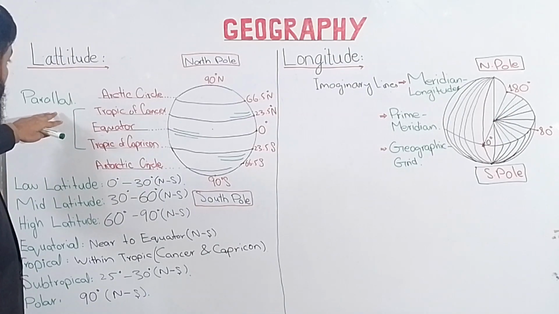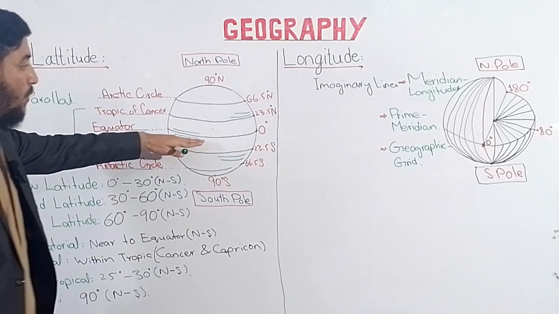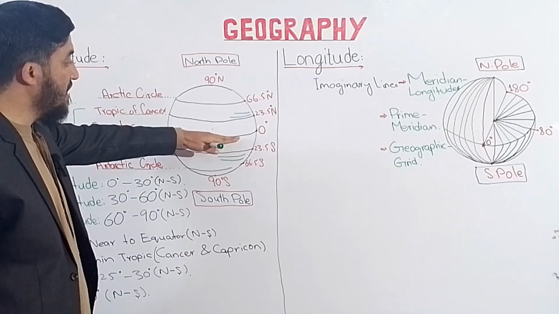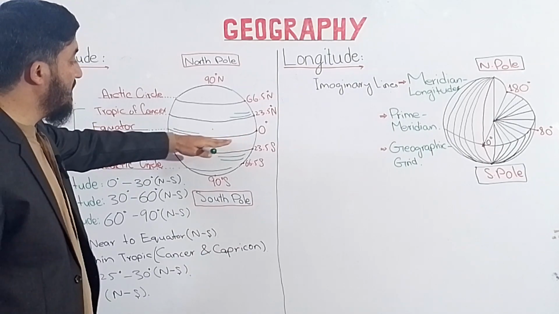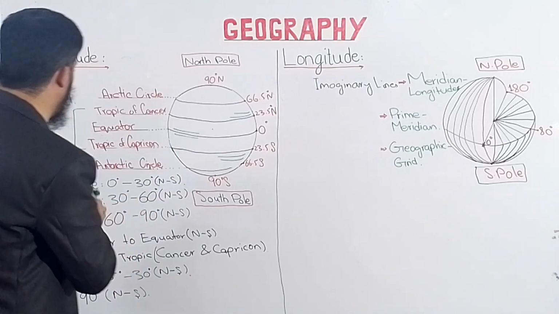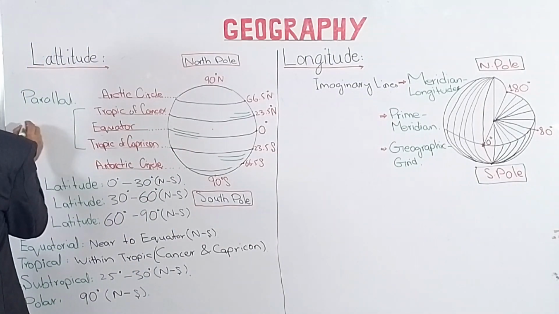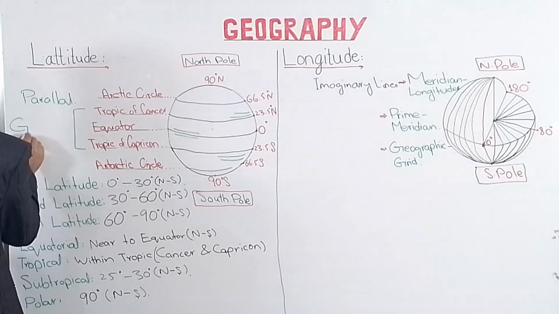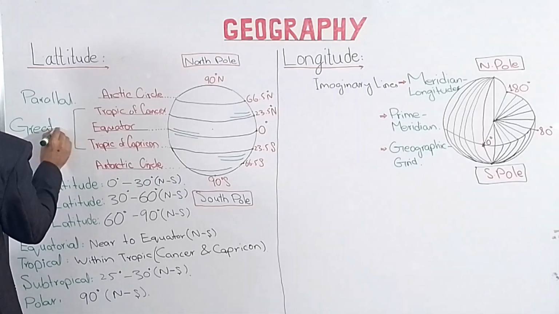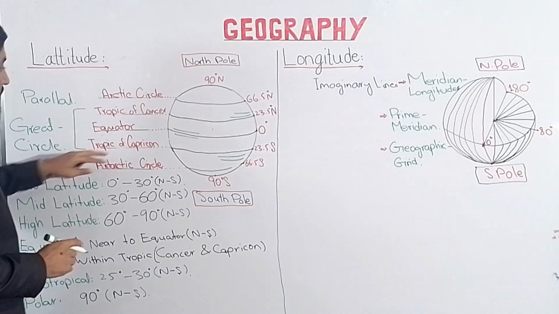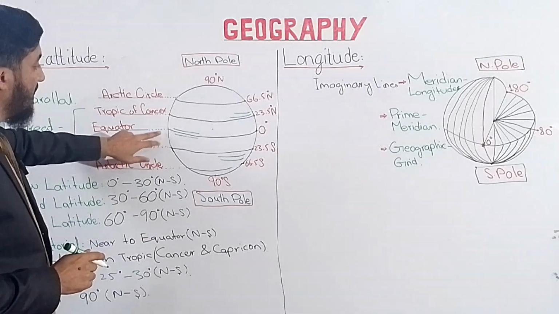One thing is important: the parallels are parallel to each other. The great circle made by these parallels is only the equator. Circles other than the equator are smaller in size.